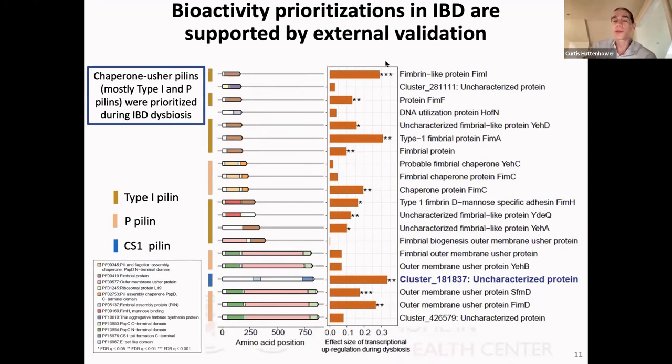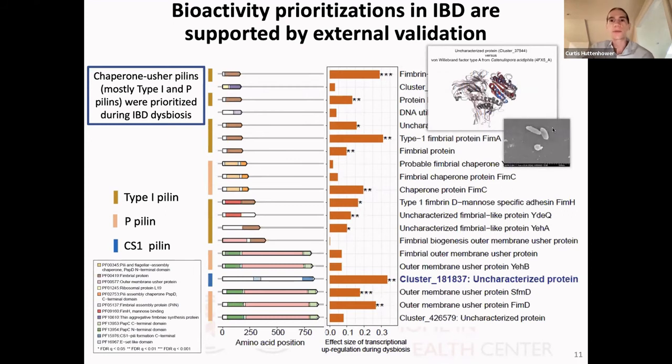These were able to be verified both by some independent high throughput data. So in terms of metatranscriptomics, these pillin families were uniquely overexpressed just during active dysbiosis, during inflammation and IBD. And I won't have time to talk about it today, but we also have some separate isolate-based microbial genetic evidence that this is true as well.